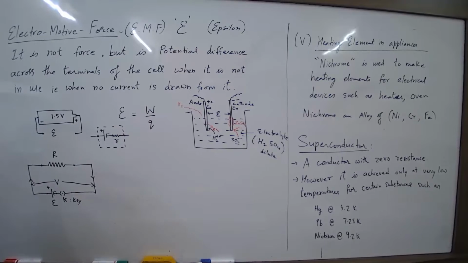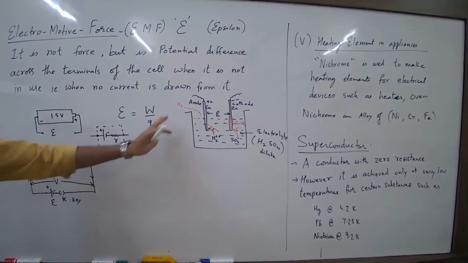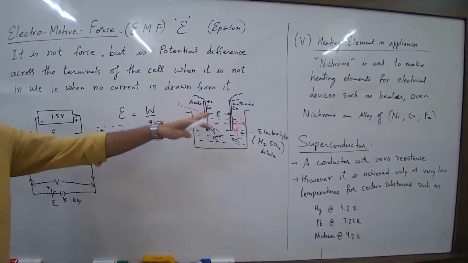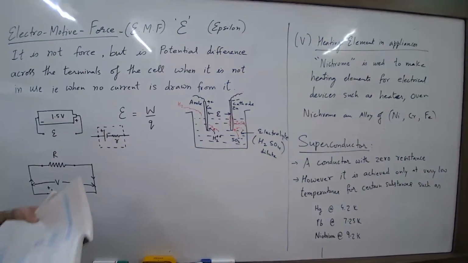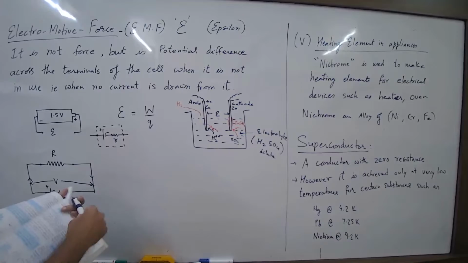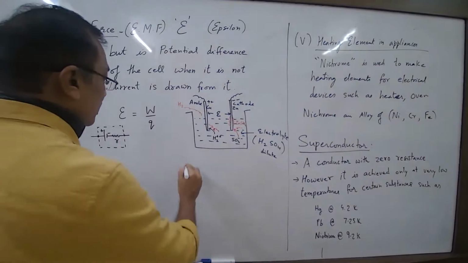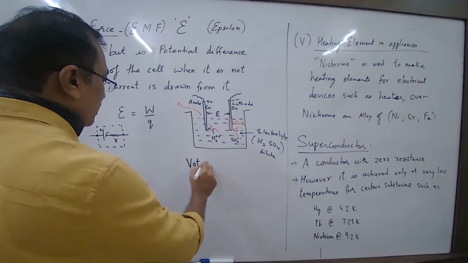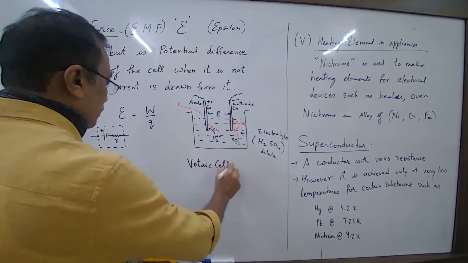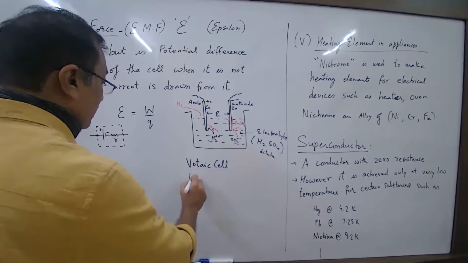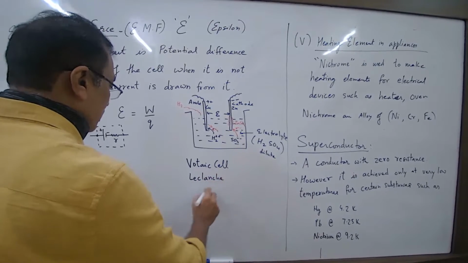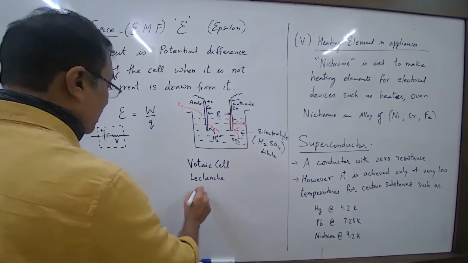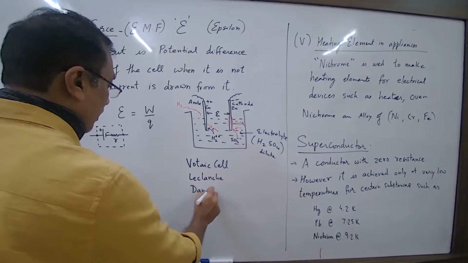Okay. So there are different compositions of electrolyte, electrode, etc. So we have different types of cells available. What are they? We have voltaic cell, then we have Leclanche, then we have Daniel cell.